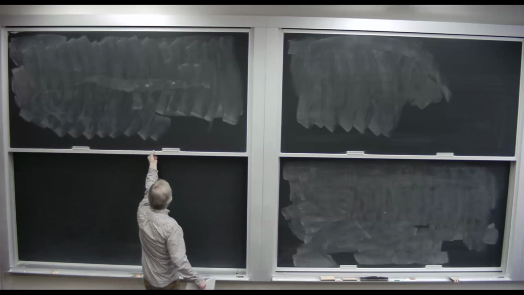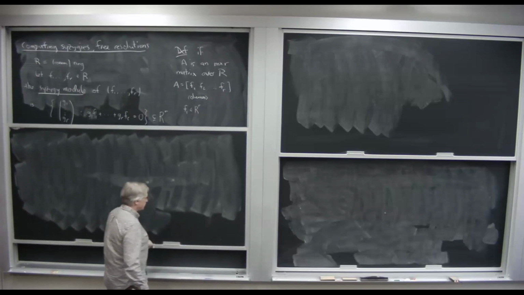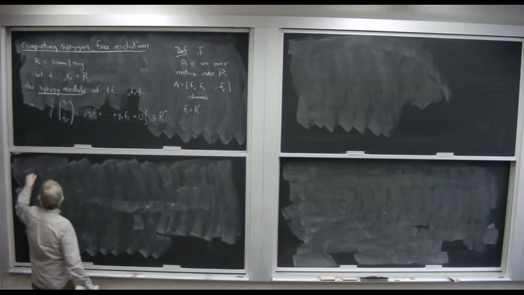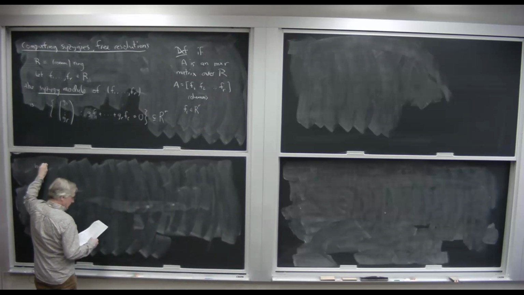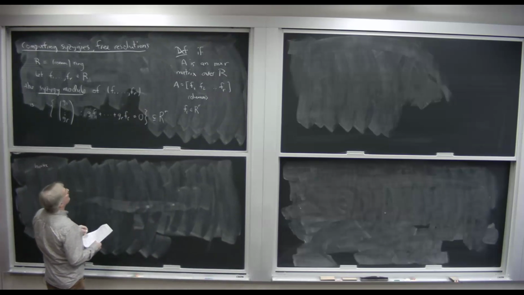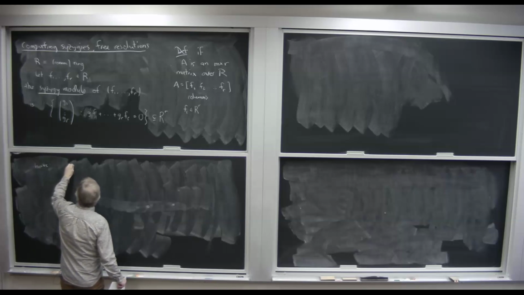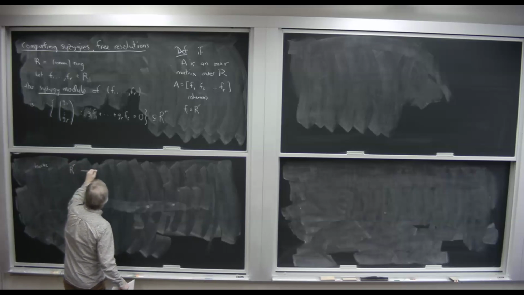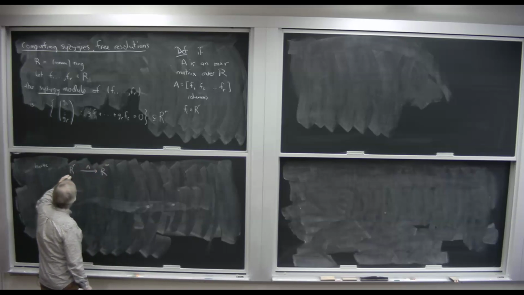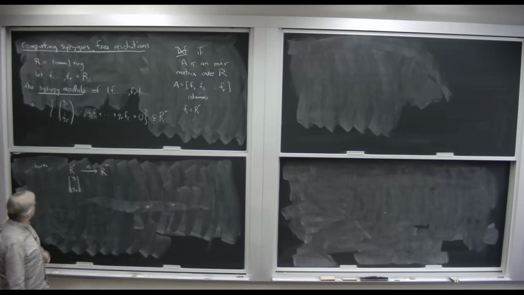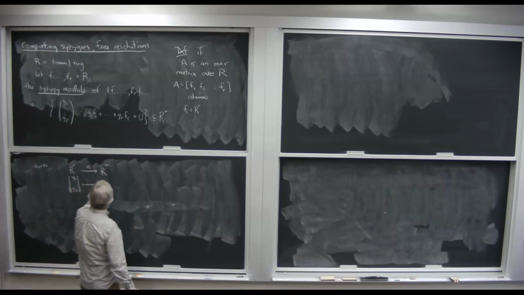Then I can consider the corresponding homomorphism. I could just call it A. We have R to the r to R to the M given by A. The way I think about it is it takes G1 to Gr and sends it to the product.